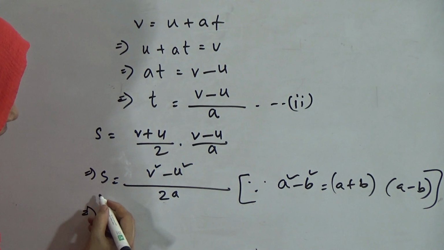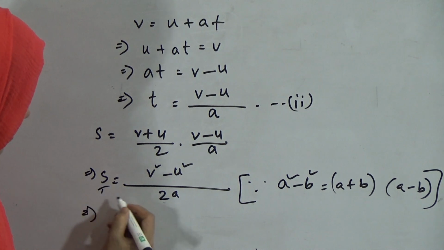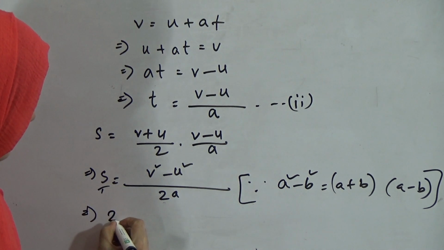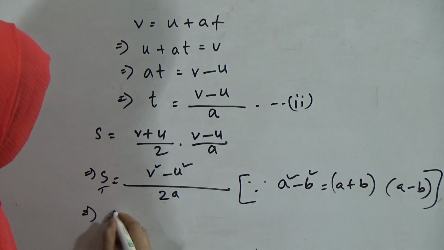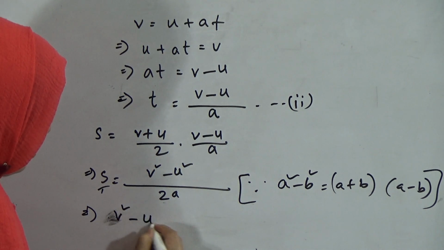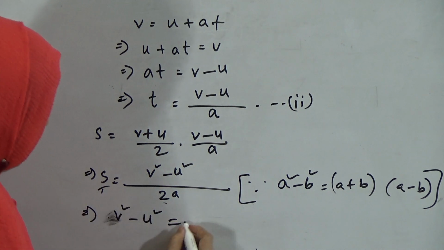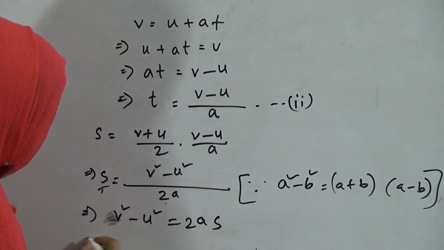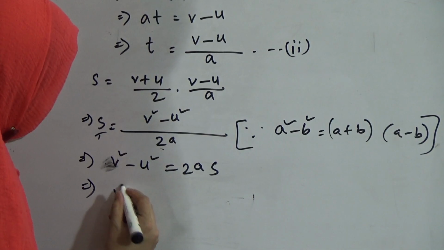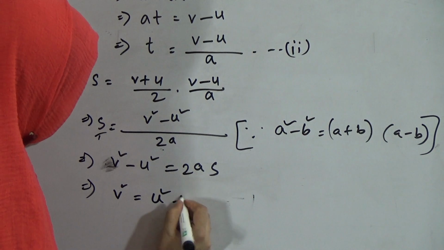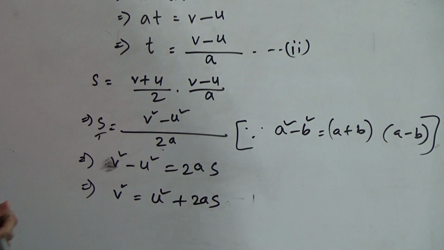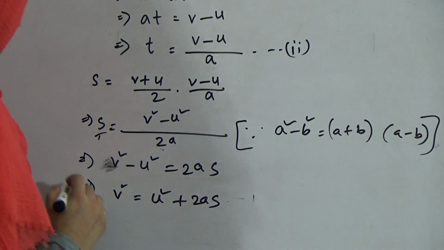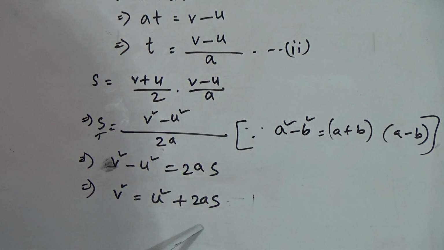By cross multiplication, v square minus u square equals 2as. Now v square equals u square plus 2as. My dear students, this is our fourth equation.